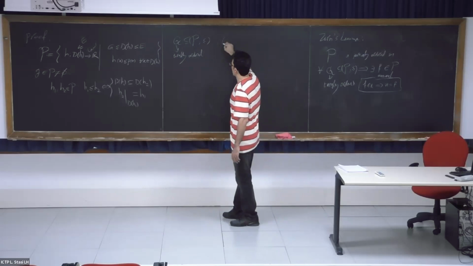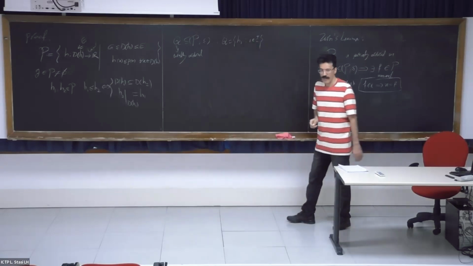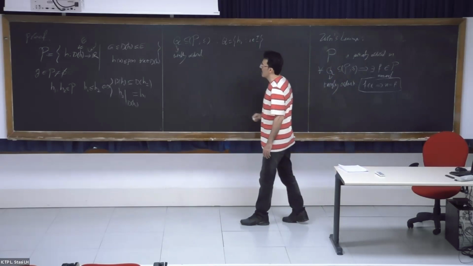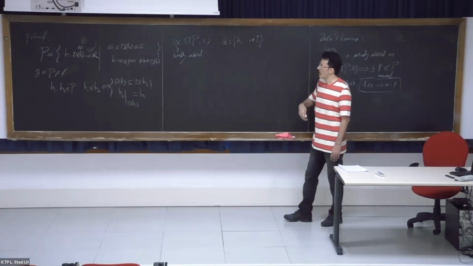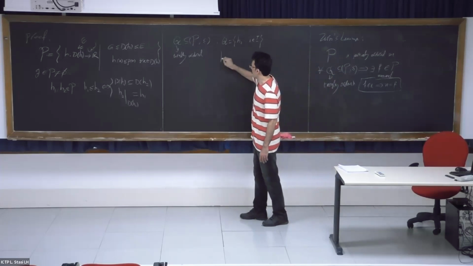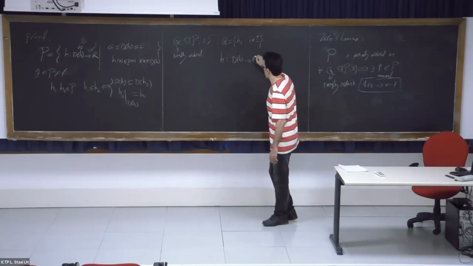We may write Q like this. And to define an upper bound for Q, we first define h from D of h to R like this.